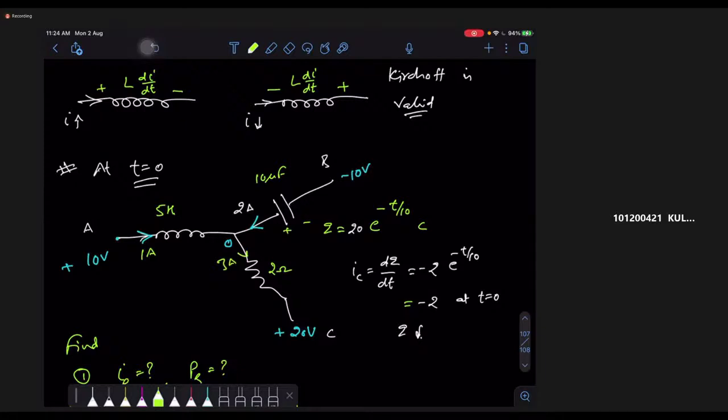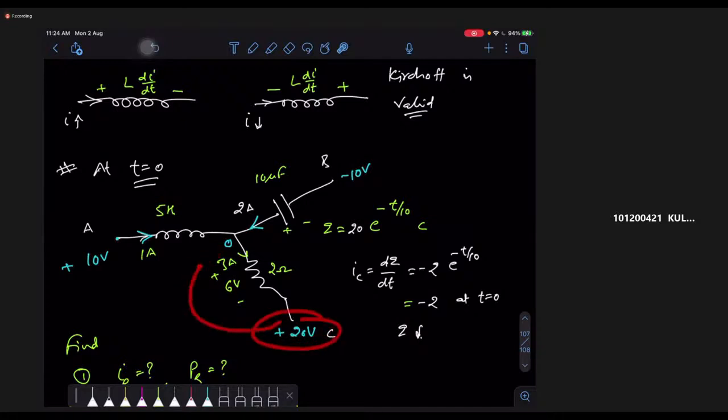So 3 amperes through a 2 ohm resistance is going to drop my potential by 6 volts. C is already at 20 volts. So what is the potential at O? I am crossing from C and coming to O. Is the potential rising or falling?